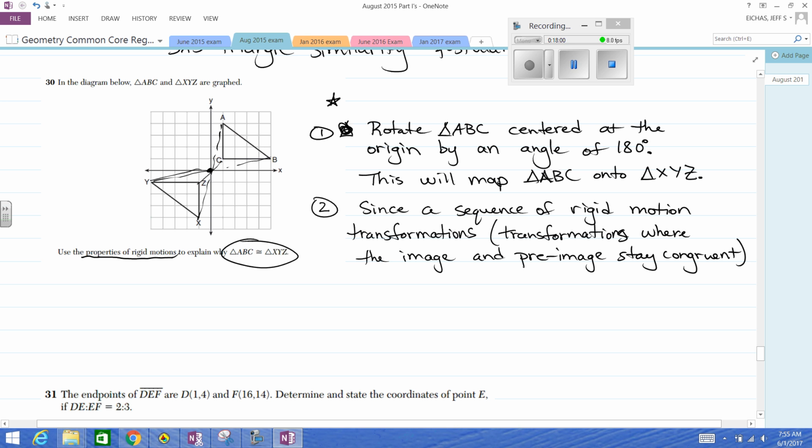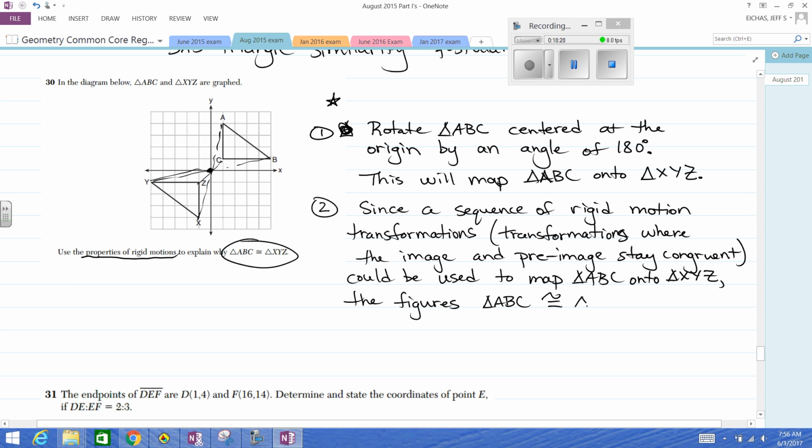Since a sequence of rigid motion transformations could be used to map triangle ABC onto triangle XYZ, the figures, triangle ABC must be congruent to triangle XYZ.